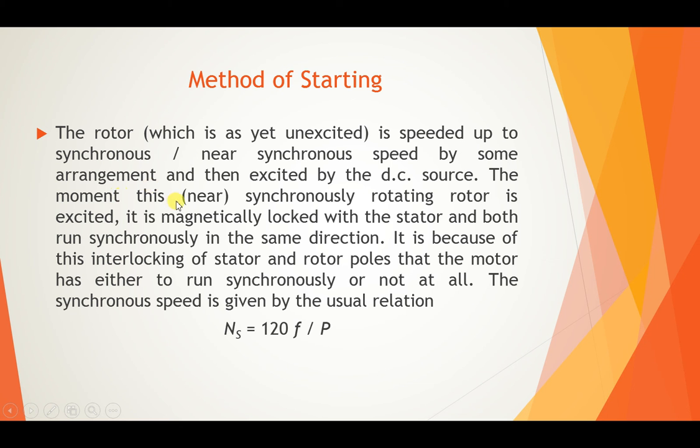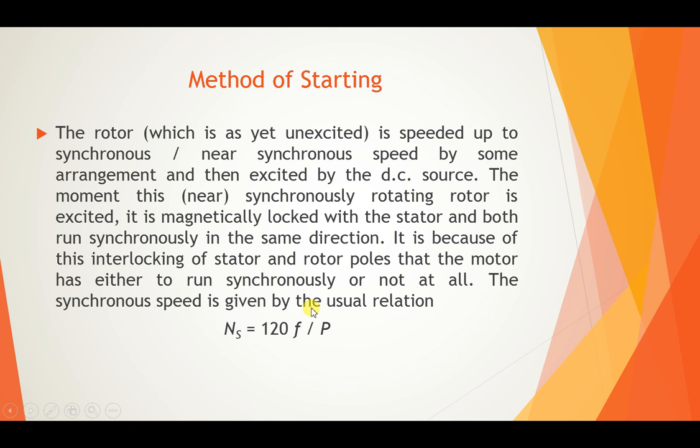The moment this synchronously rotating rotor is excited, it is magnetically locked with the stator and both run synchronously in the same direction. It is because of this interlocking of stator and rotor poles that the motor has either to run synchronously or not at all.